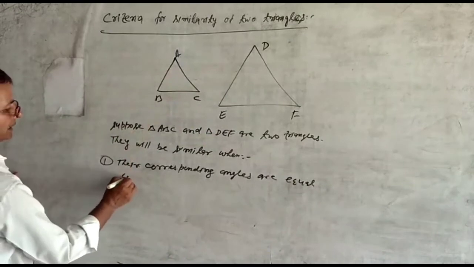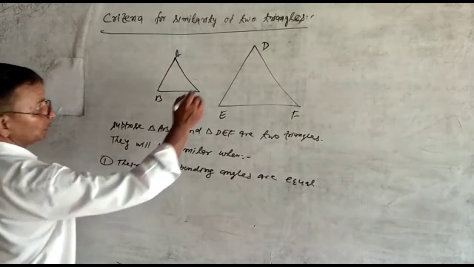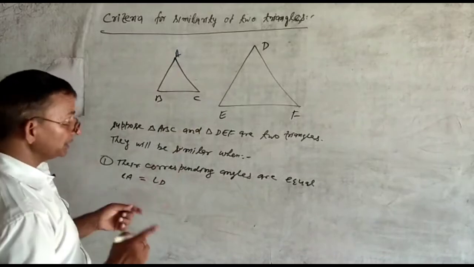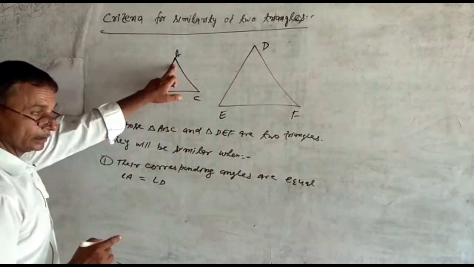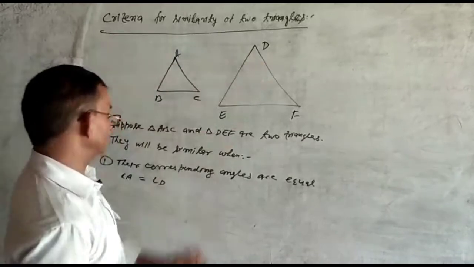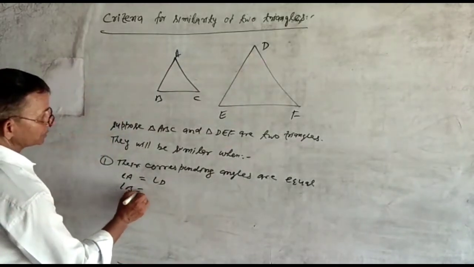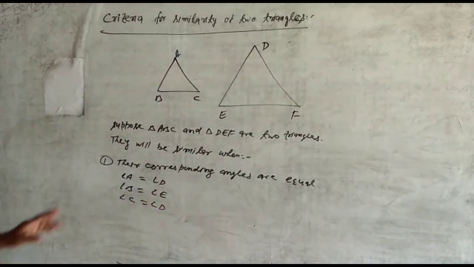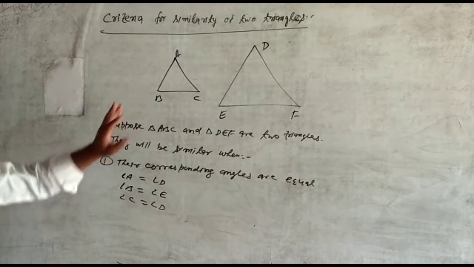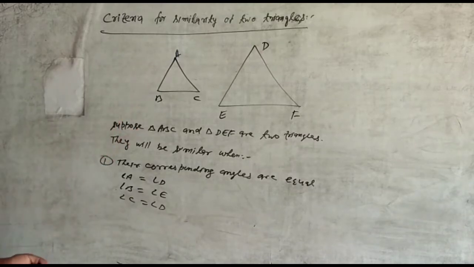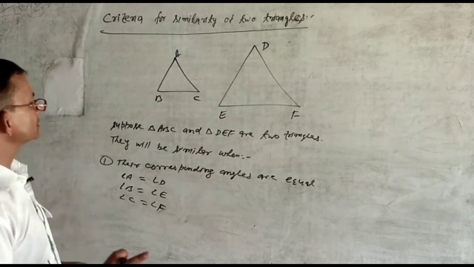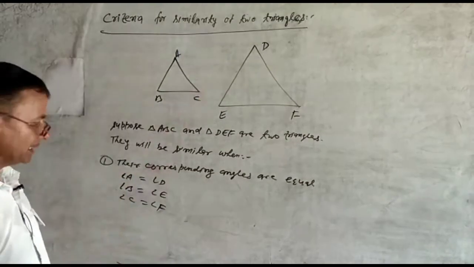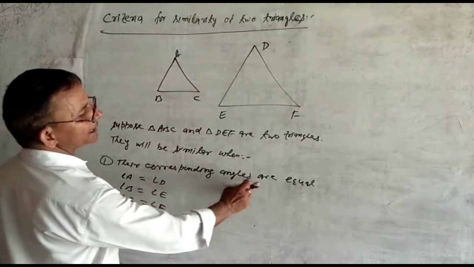By figure, angle A is equal to angle D, because you know that angle A corresponds to angle D. Angle B is equal to angle E. Angle C is equal to angle F. This is the first property of similar triangles: their corresponding angles are equal.